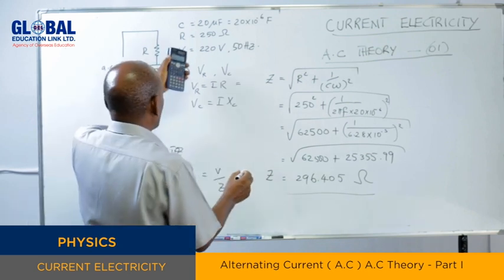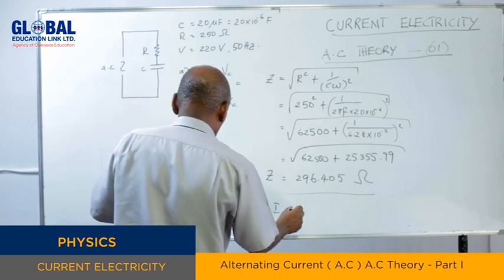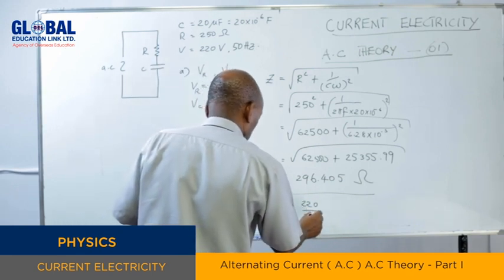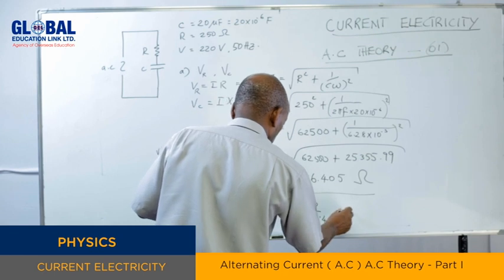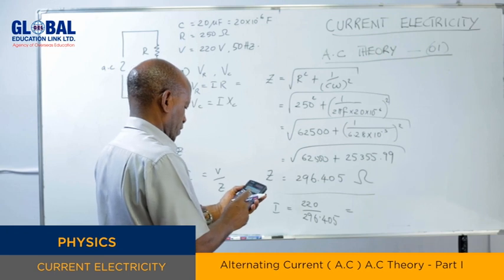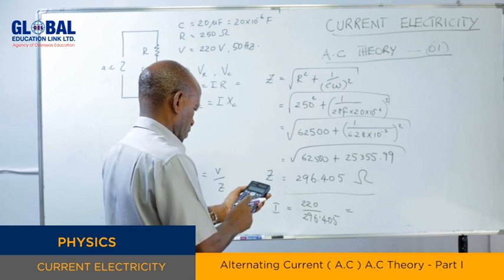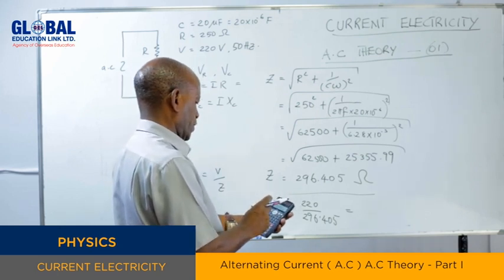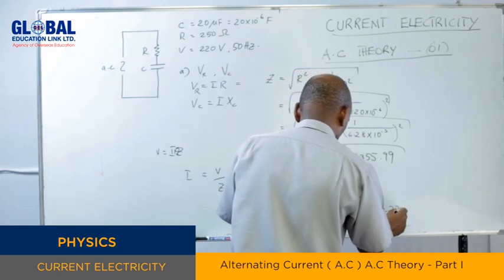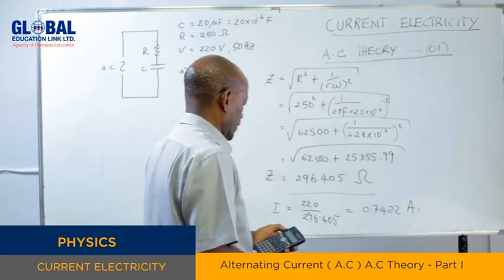The total voltage is 220, and we divide by the total impedance, which is 296.405, to get the current. Therefore I'm getting the current to be equal to 0.7422 ampere. This is the current.